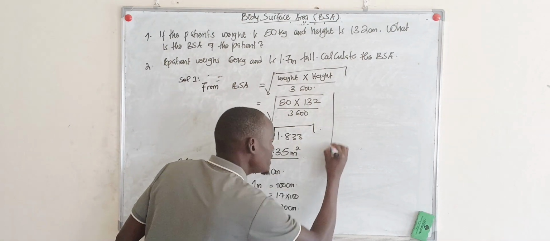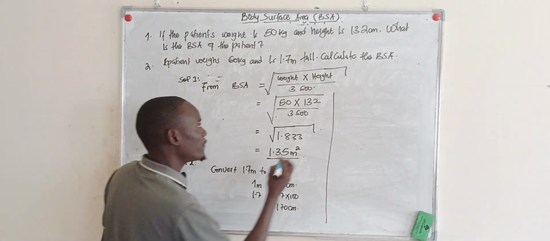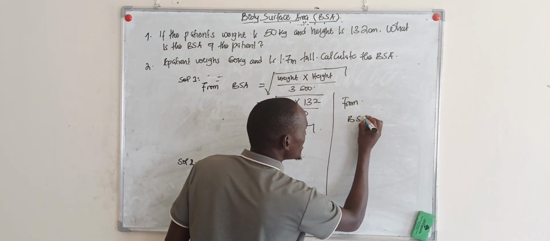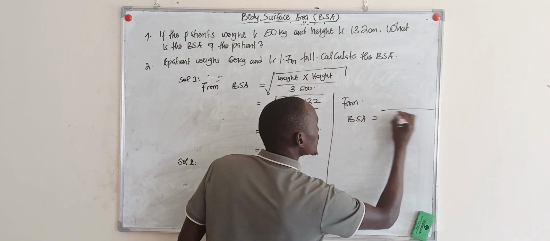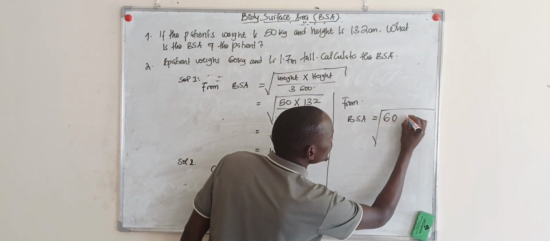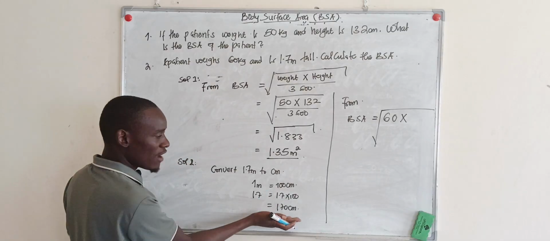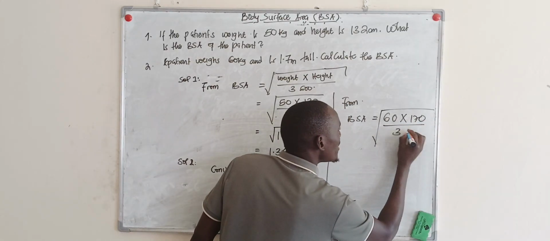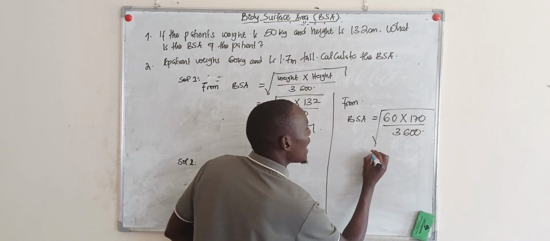So that means from our formula, body surface area is equal to the square root of the weight of the patient, which is 60, times the height, which we have converted into centimeters, 170, divided by 3,600.